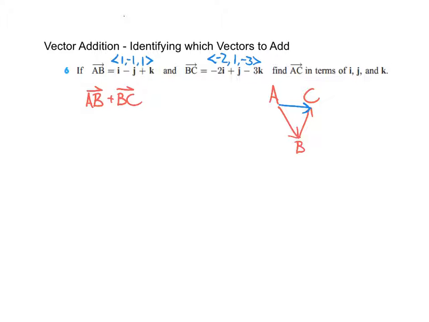So now if I'm doing that vector addition, I have 1, negative 1, 1, plus negative 2, 1, negative 3. So the end result is negative 1, 0, negative 2. Okay? So that is my end result for vector AC.